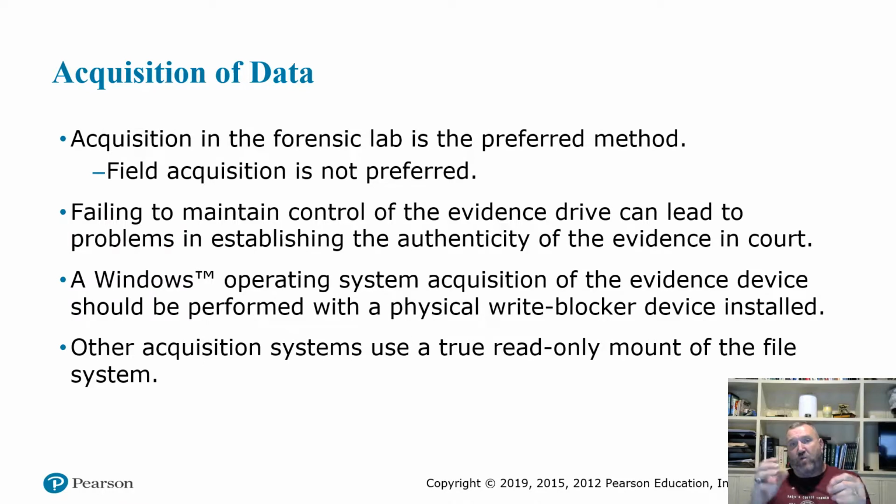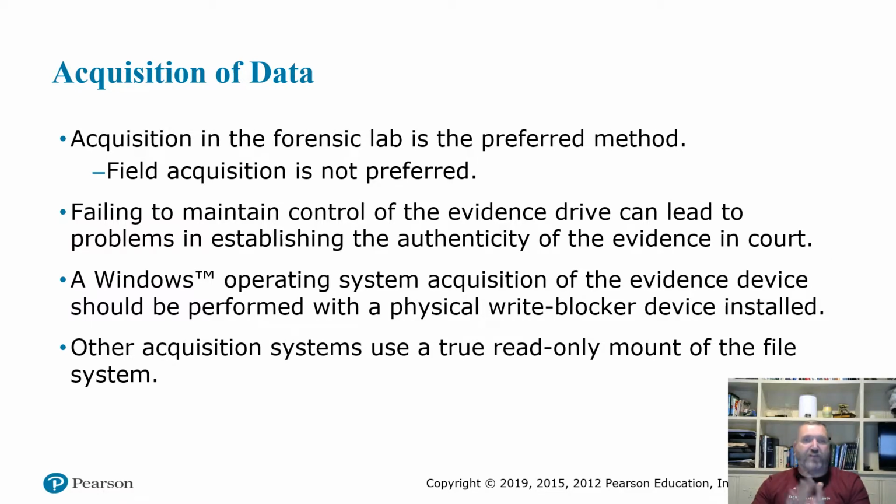If I'm dealing with a Windows system, I'm always going to use some type of physical write blocker. What a write blocker does is prevent me from adding things onto the drive by normal Windows processes. The name is a little disingenuous. When you hear the words physical write blocker, you think it must be some device that has a physical wall that doesn't allow you to write to that drive, and that's not true.